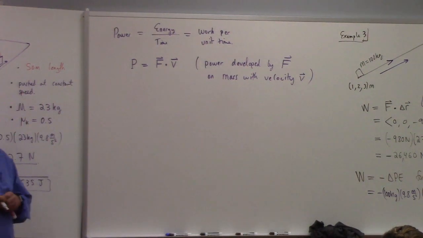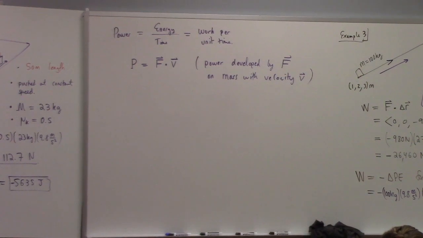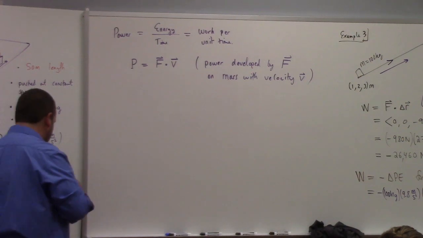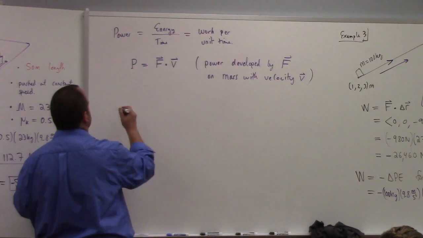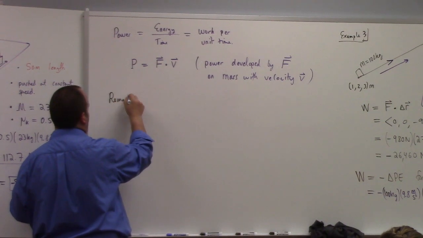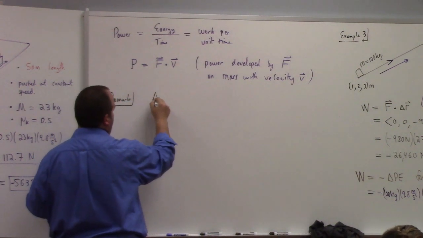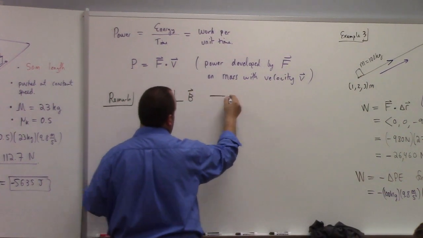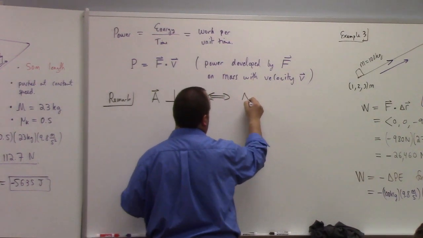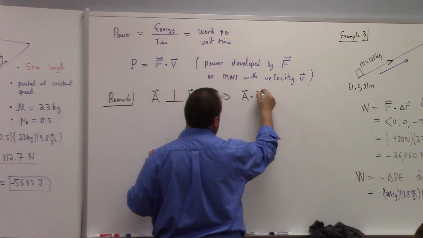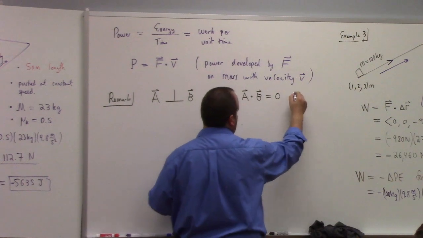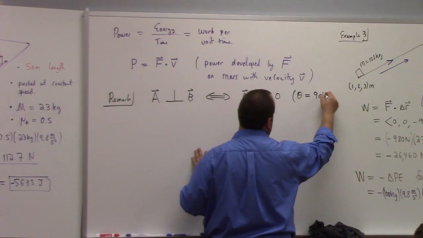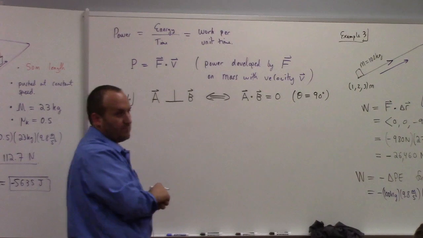So what's the power developed by a force which is perpendicular to the velocity? What does it mean for vectors to be perpendicular, by the way? We say A is perpendicular to B. That is interchangeable with the idea that A dot B is equal to 0, because this means that theta between them is 90 degrees.